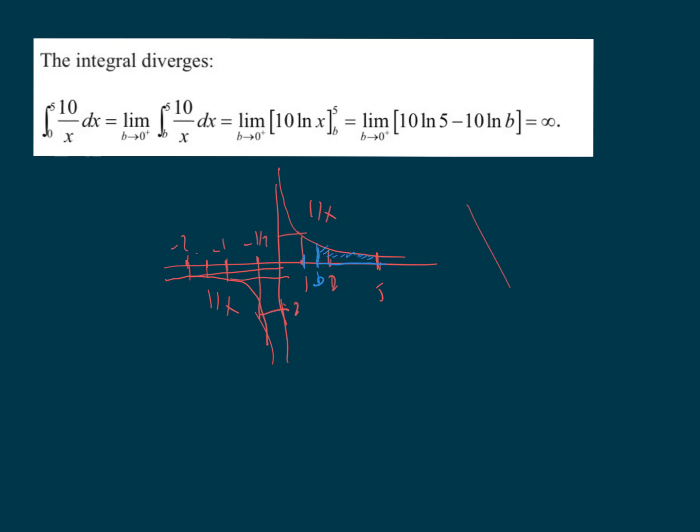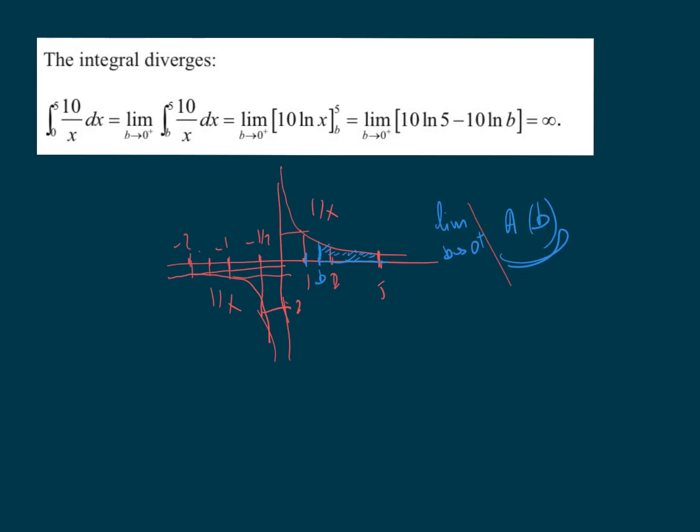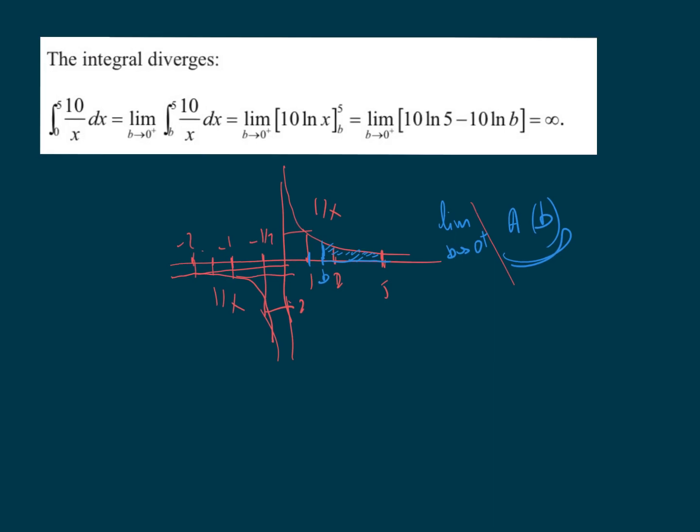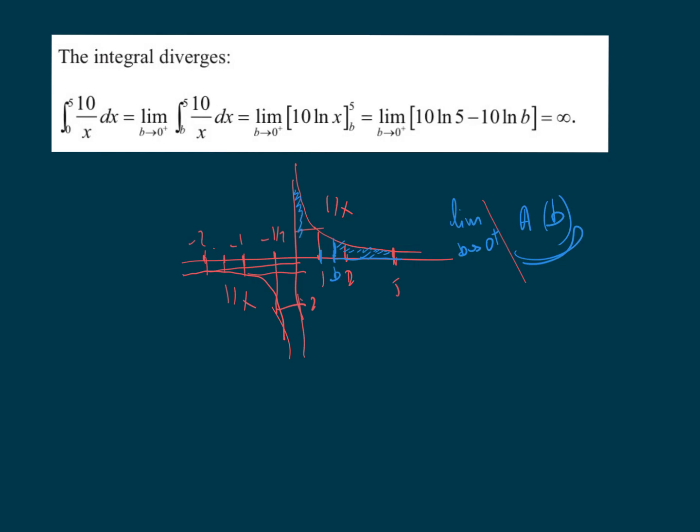And later, once I find the area in terms of b, I will take the limit when v goes to 0 positive of this area. It will be a finite number or it will be an infinite number. So we are trying to find the area from 0 to 5. It will be a finite number or an infinite number.